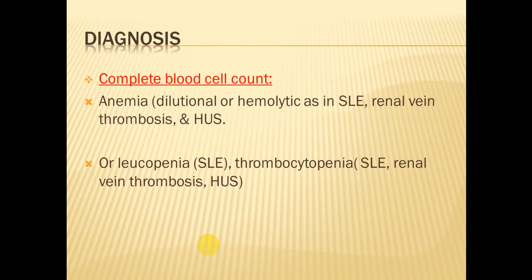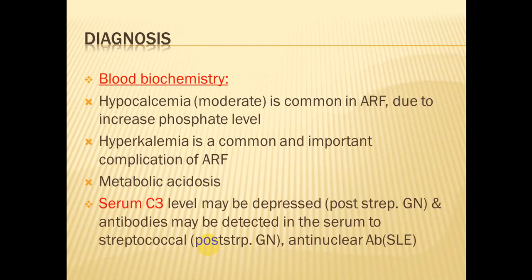If we send the CBC, we'll see anemia, mostly dilutional or hemolytic, as in SLE, or renal vein thrombosis and HUS. Or we'll see leukopenia, especially in SLE, and thrombocytopenia in SLE, renal vein thrombosis and HUS. For blood biochemistry, we'll see hypocalcemia, it's moderate, common in acute renal failure due to the increased phosphate level.